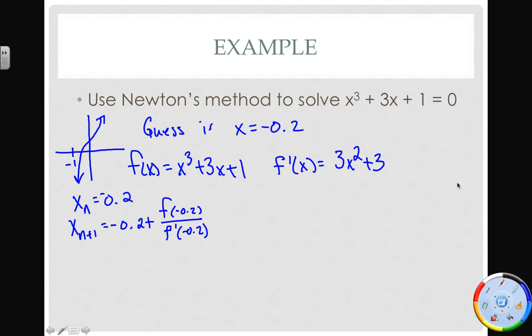And notice this formula is actually pretty simple. And when I do this, you can use your calculators here to help you do linearization. So what I did is I plugged the f function into my y1 and the f prime function into my y2. And then I can use the alpha f4 or alpha trace to evaluate.